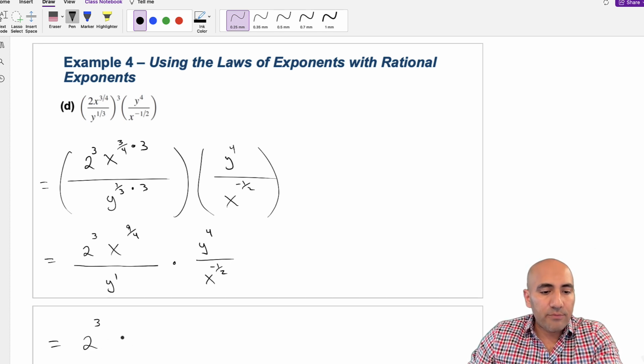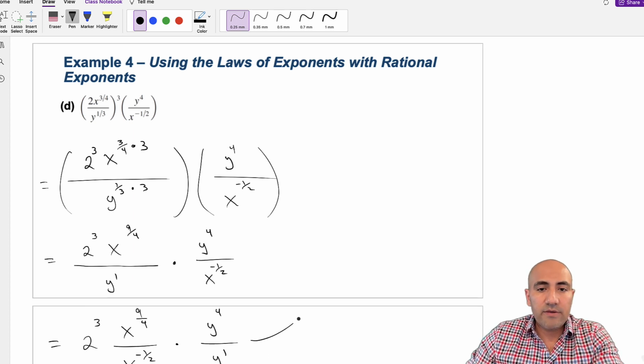I'm going to group these up this way. This is the same thing as x to the 9/4 power divided by x to the negative 1/2 power. Remember, we can do that because everything's being multiplied. We don't have to worry about common denominators or anything like that. Times, and then we have y to the 4th power divided by y to the 1st power.